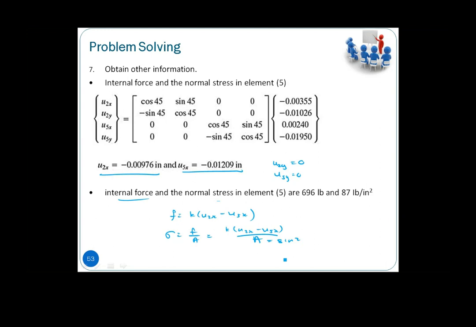Then we can also find the stress. Here we found that our internal force is 696 pounds, and the normal stress that develops on this particular member, which is element number 5, is 87 pounds per inch squared. That is how you manually calculate using finite element methods when you deal with truss systems.